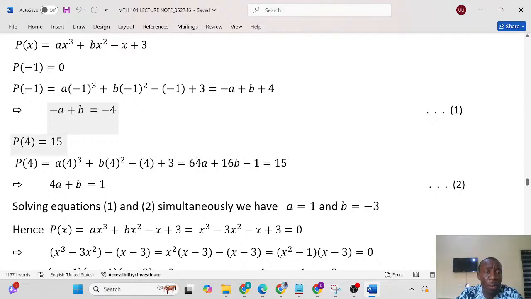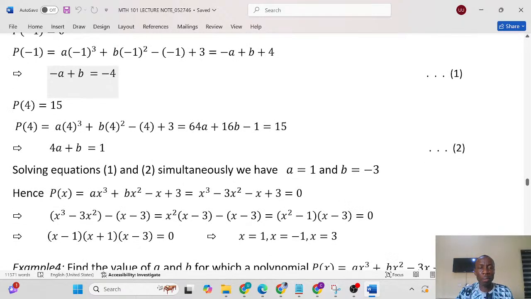That is minus a minus 4a will give us minus 5a, minus 4 minus 11 will give us minus 15. So that will give us minus 5a equals to minus 5. So you divide both sides by minus 5, it will give us a to be equals to what? 1. If you substitute the value of your a in either equation 1 or 2, you get the value of your b to be equals to minus 3.